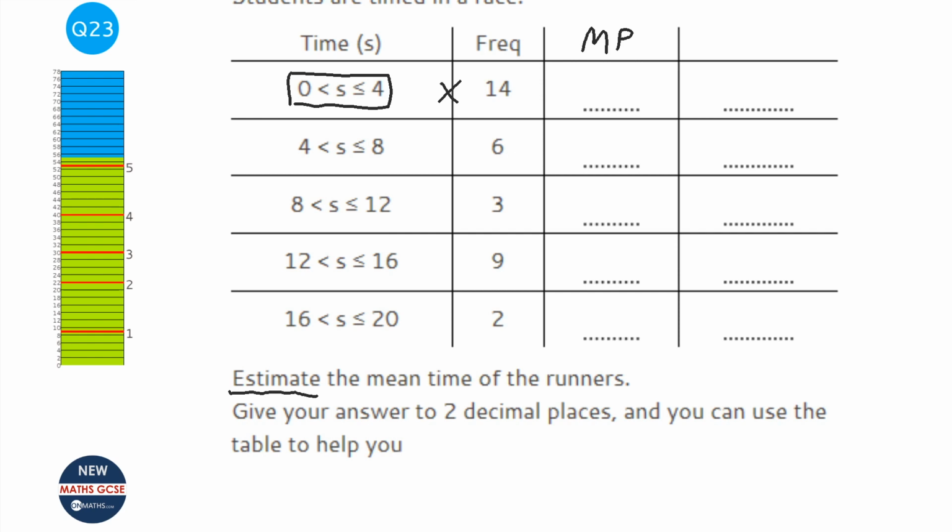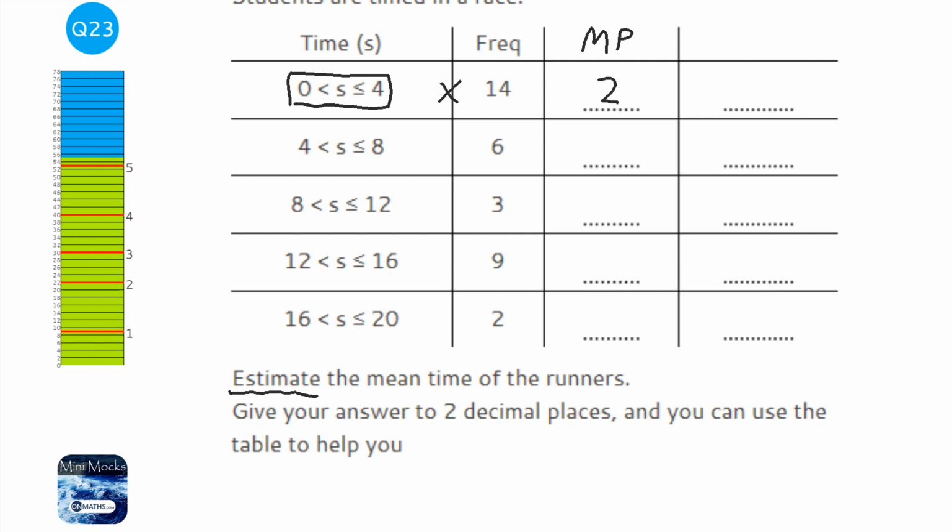If we assumed all those numbers were 0, then it would probably be ridiculously small. If we assumed they were all 4, again it would be too high. So we assume that all those are 2 because it's right in the middle of the group, and chances are that most of them are closer to 2 than 0 or 4.